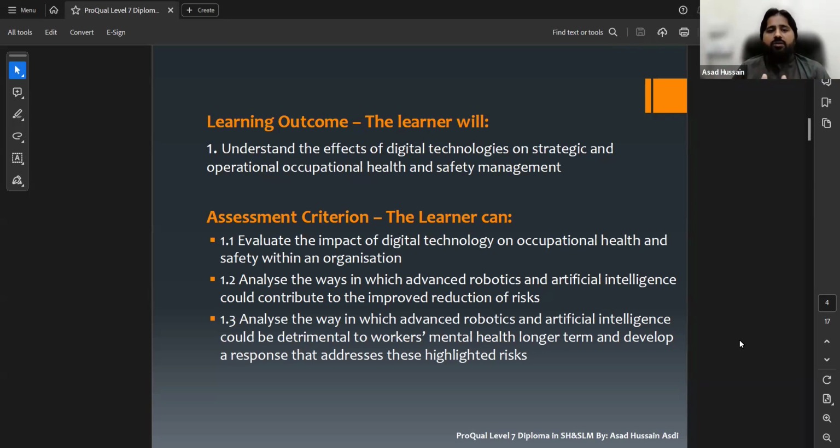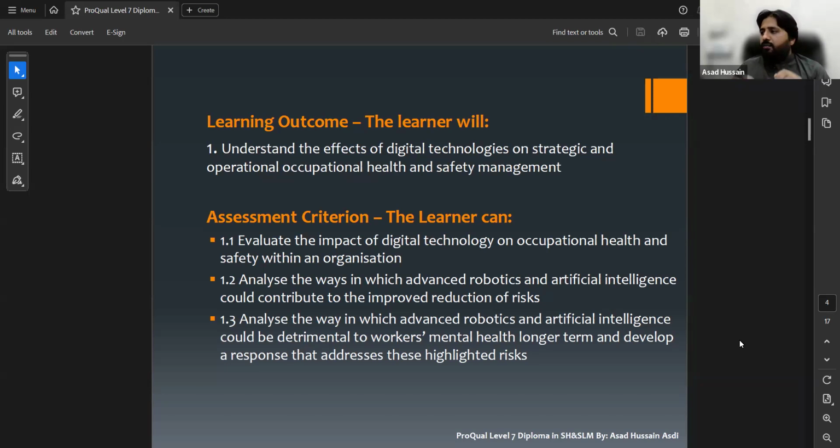So basically, how these advanced robotics and artificial intelligence can work to address the issues raised. What issue? The mental health issue, detrimental to workers' mental health, longer term issues. So how these technologies, AR and AI, are used for this purpose, you have to provide the analysis of that.